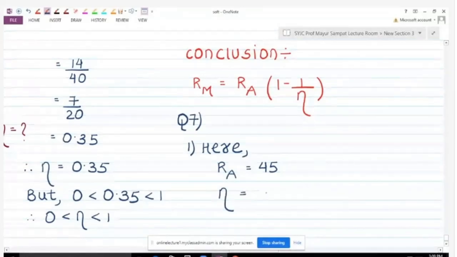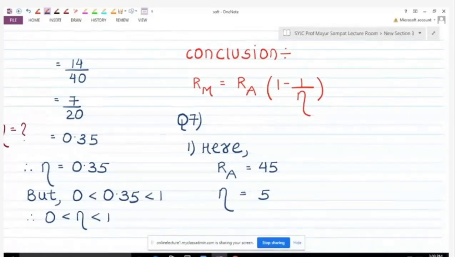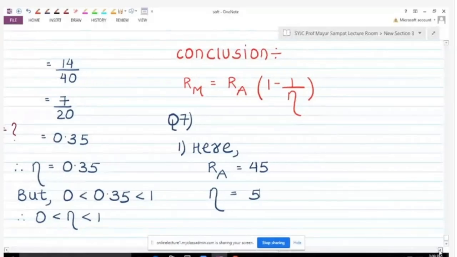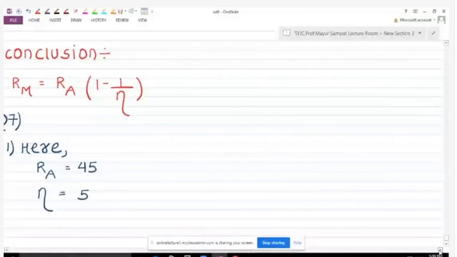Elasticity of demand is 5. So we want to find the marginal revenue.